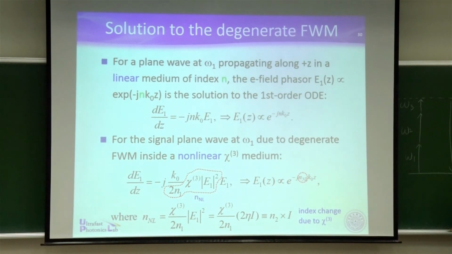And we also know there is a linear relation between E1 absolute square and the light intensity I. Eta means wave impedance, as we introduced in lesson 1. So you can express the nonlinear index as some n2 coefficient times the light intensity.